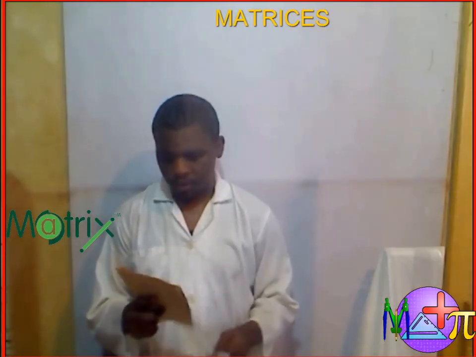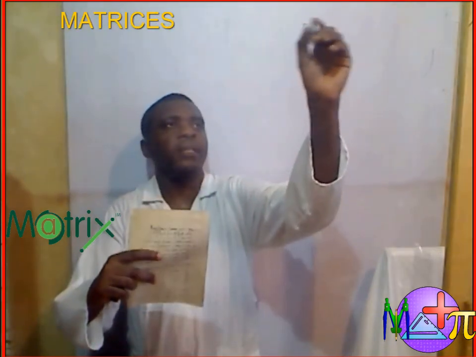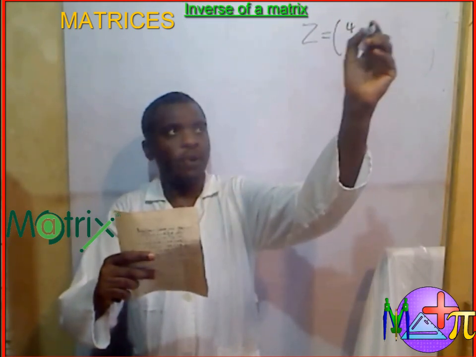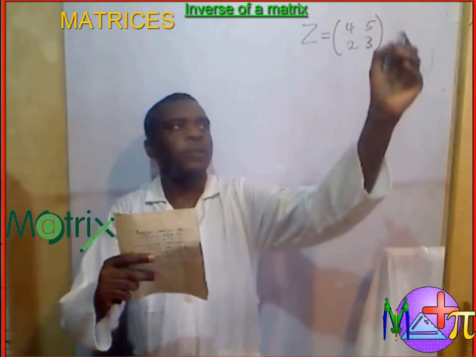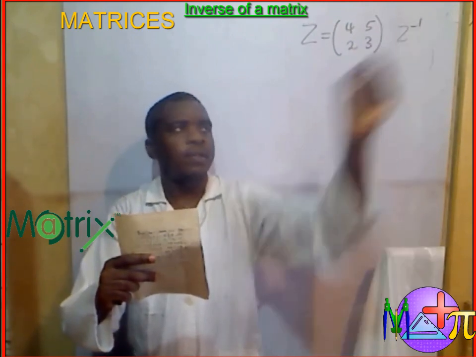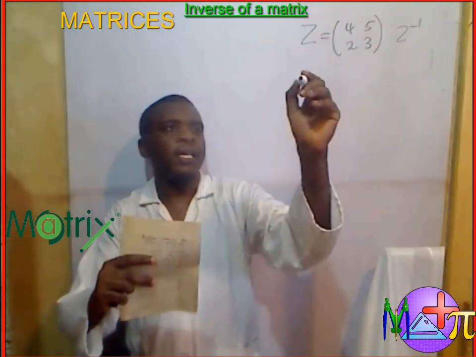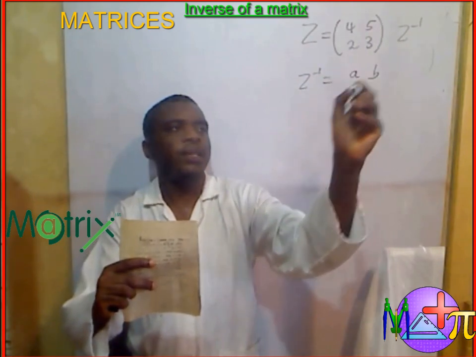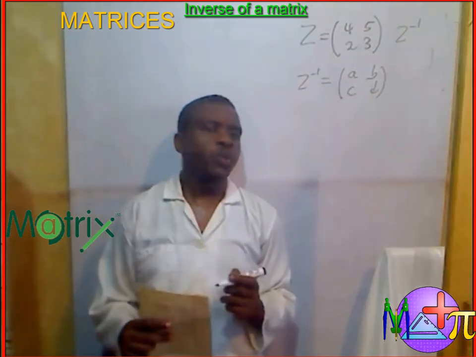Let me do another example. Given the matrix Z with elements 4, 5, 2, 3, let's look for Z inverse. So let's first of all assume that Z inverse has elements A, B, C, and D. So what do we know?